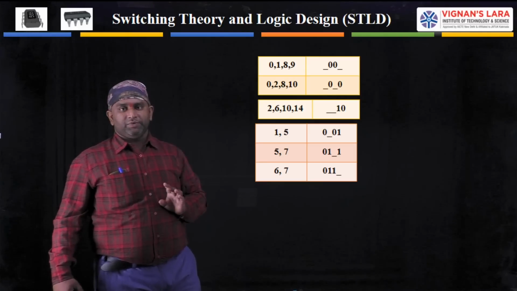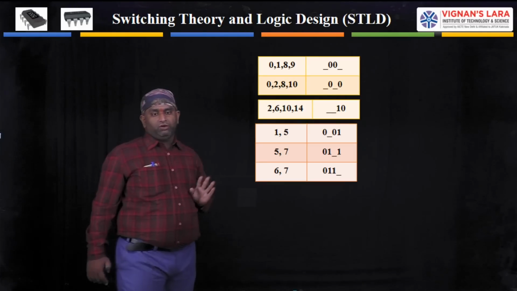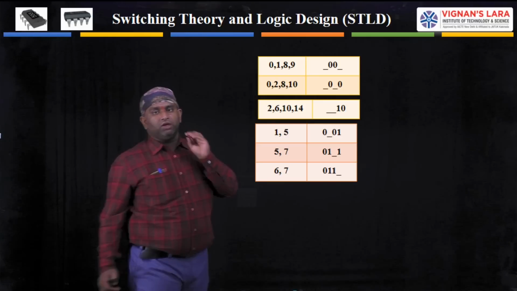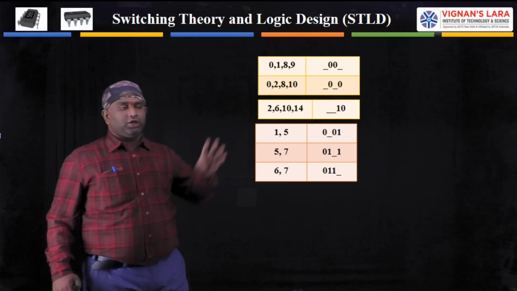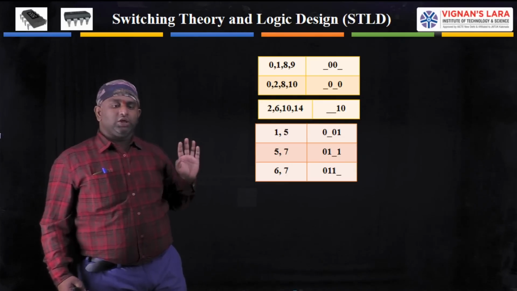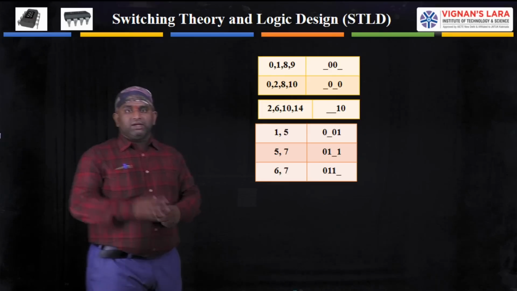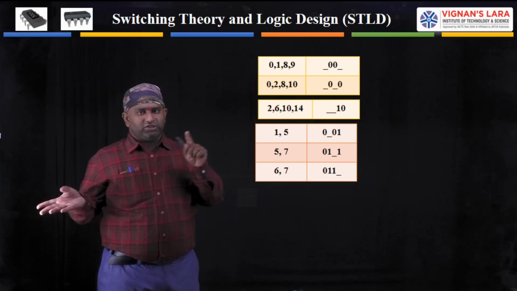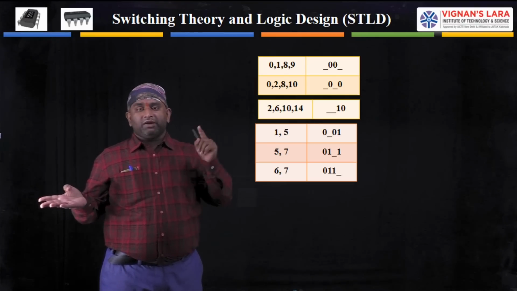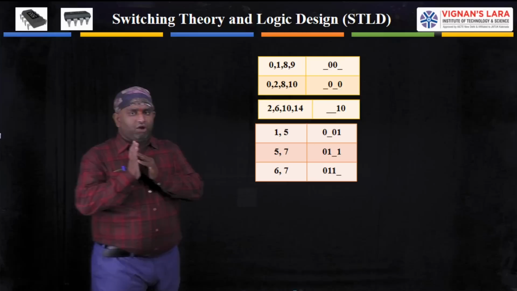If there is a dash, neglect that value. Each combination represents the 4 inputs A, B, C, D. In 0, 1, 8, 9 we have dash 0 0 dash. Dash means you can't write anything. If it is 0, you write A bar. If it is 1, you write A. But if it is dash, there is no need to write anything.